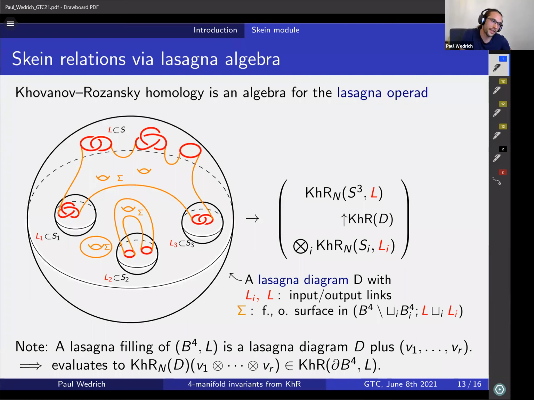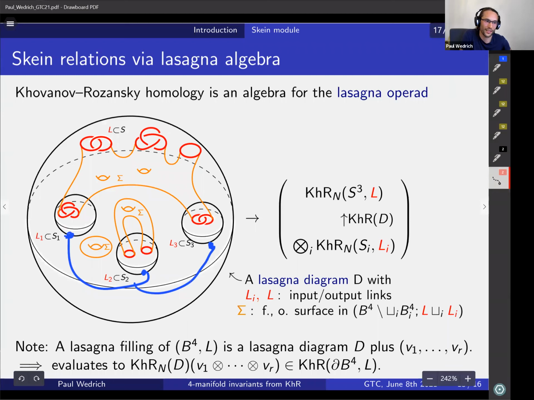The problem that we're facing here is that you might have more than one of these input spheres. So we want to cheat and say you can always turn this collection of input spheres into a single input sphere. We do this by choosing a tree in the complement, and then you drill out a neighborhood of that tree, and that tubes the spheres together and creates a single sphere where these input links are now split, disjointly embedded.